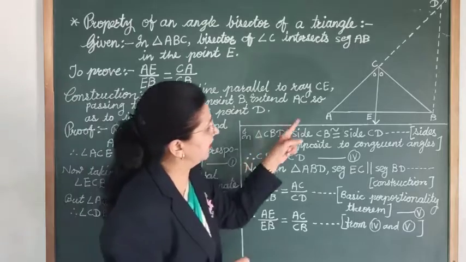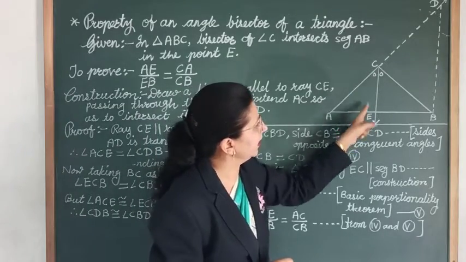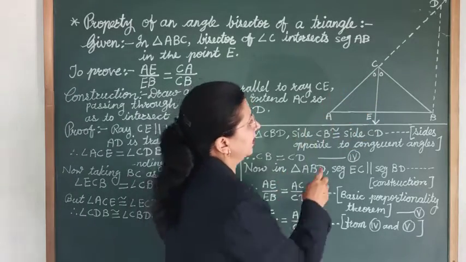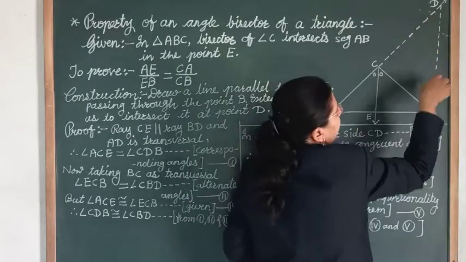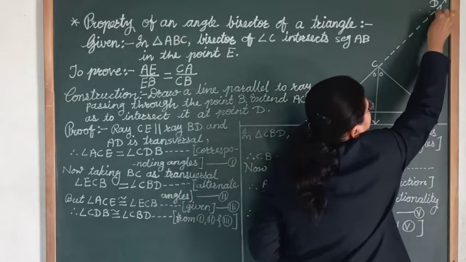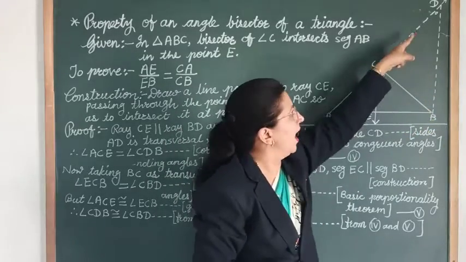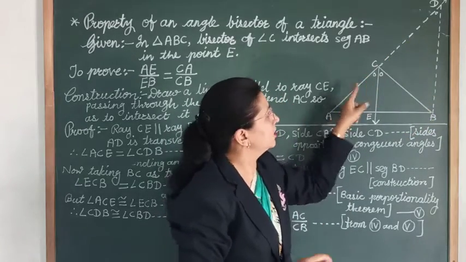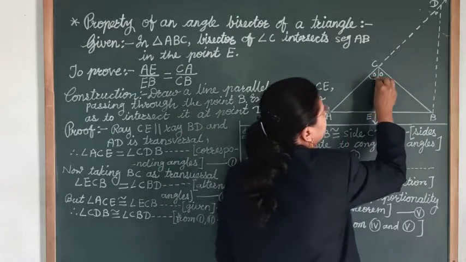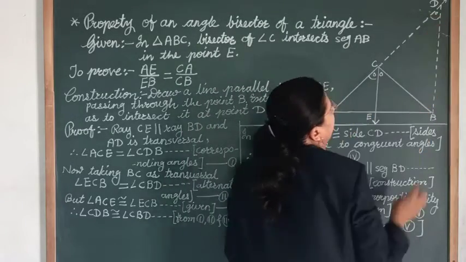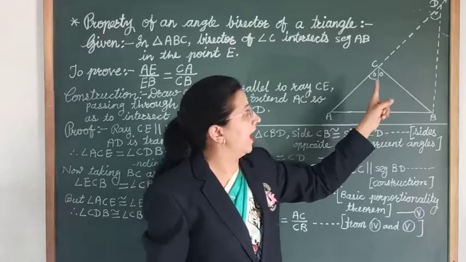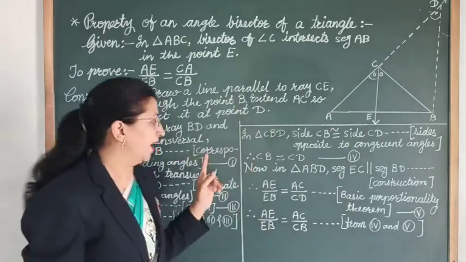Let's see it in the figure. This angle ACE is equal to angle CDB. As these both lines are parallel and AD is their transversal, these angles are congruent as these are corresponding angles.